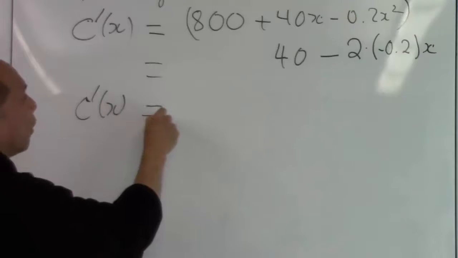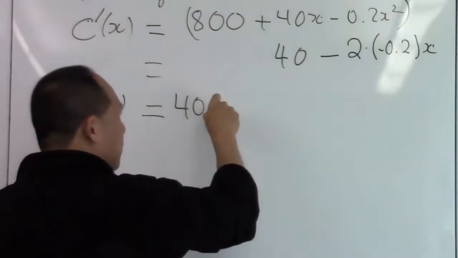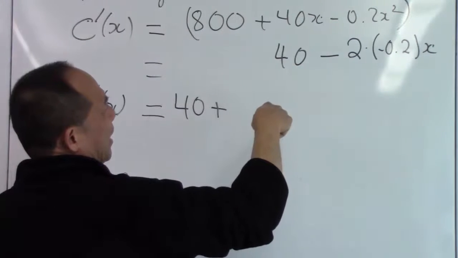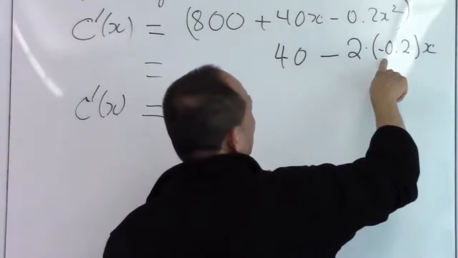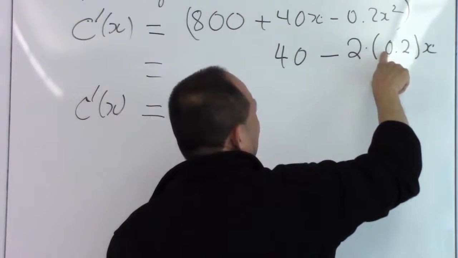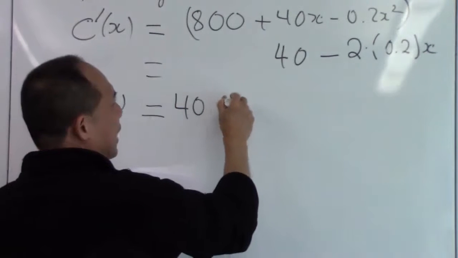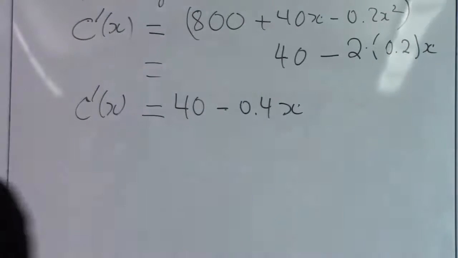C prime x equals 40 minus 0.4x. We need not write this, because that's negative. Now the question is find the marginal cost when 40 radios are produced.